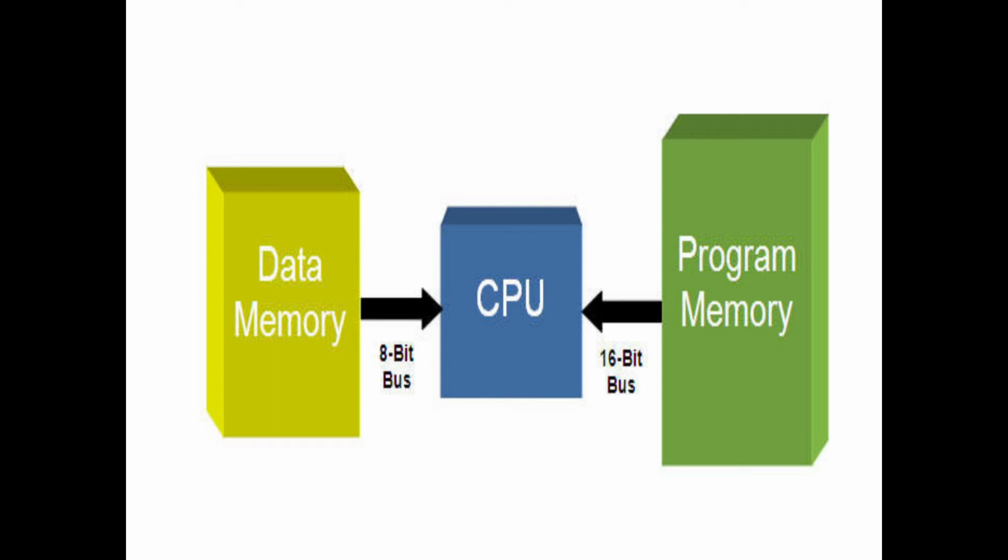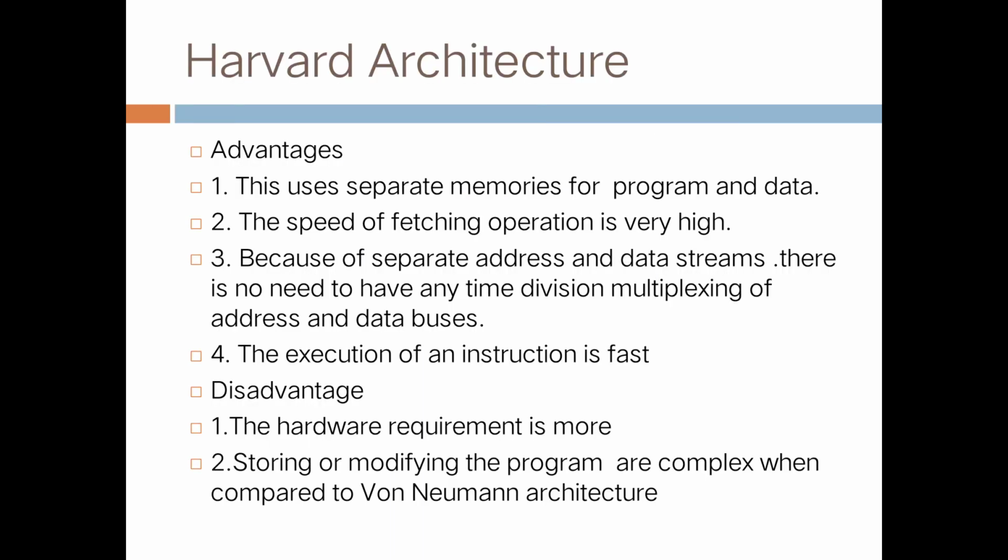In this architecture, the central processing unit is connected with data memory and program memory separately. Then advantages and disadvantages of Harvard architecture. Advantages: this architecture uses separate memory for program and data. The speed of fetching operation is very high because it contains parallel processing operation.